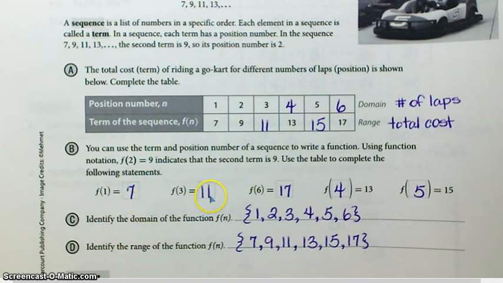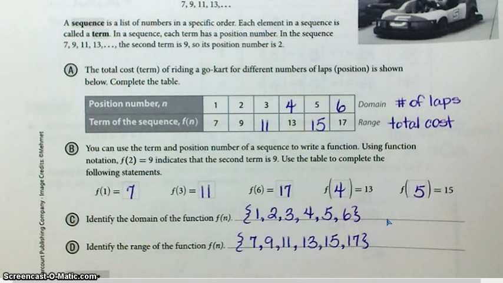For the third position, the term is 11. Okay, the function of having a position number 6 is going to be 17. F of 4, meaning the function for position 4, is going to be 13. Position 5 is going to be 15, etc.